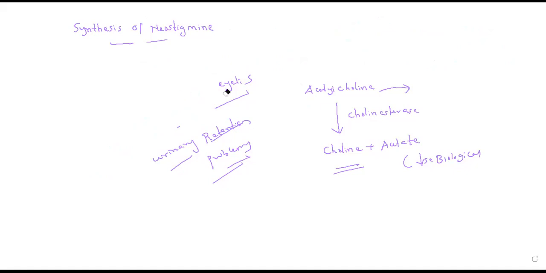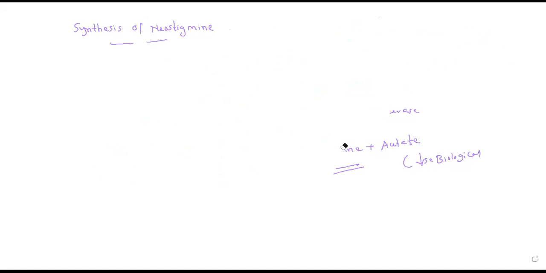So usually the synthesis starts from a starting material called potassium N,N-dimethylamine phenolate. Okay, so I'll write the structure of this starting material so we can understand the synthesis of neostigmine.